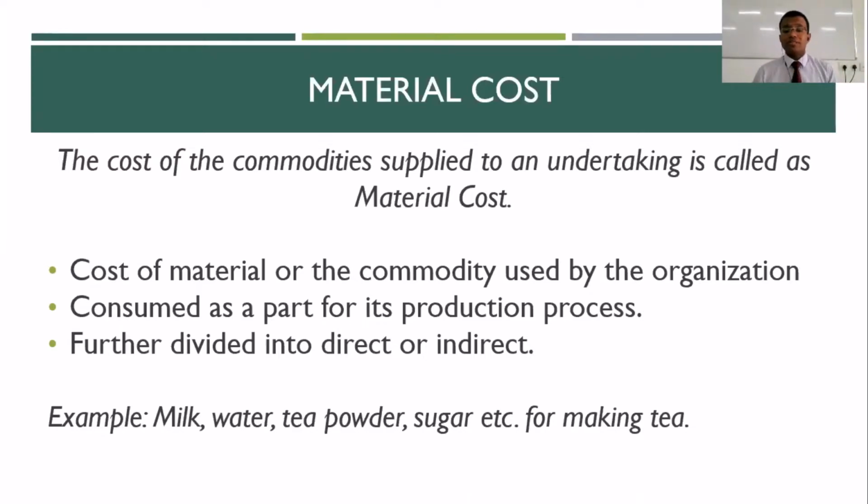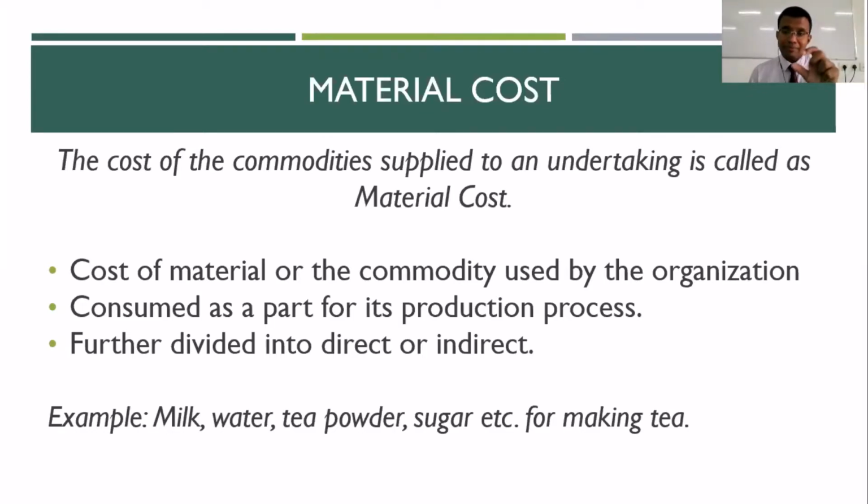So let's pick up some examples. You may be wishing to make tea at home. For you to carry out the process of making tea, there may be some inputs that you would require. You would need milk, water, tea powder, and sugar.